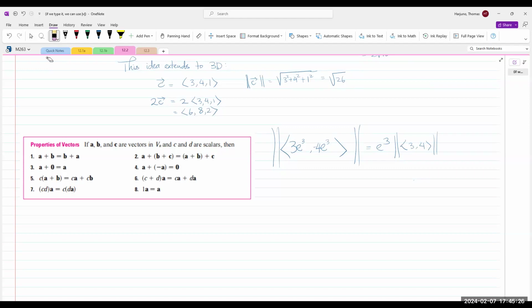Now let's go on. Unit vector, very important idea.